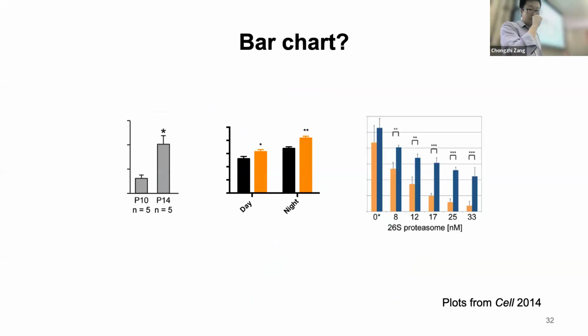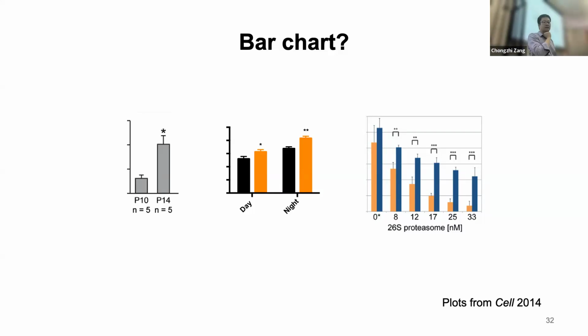One of the most commonly used ways of presenting data is using a bar chart, right? And can someone tell me whether there's something wrong with this bar chart? Yes. Yeah, that is a very, very good point.